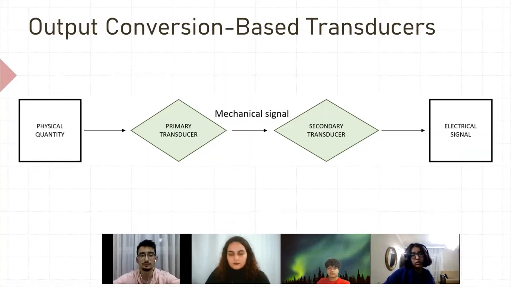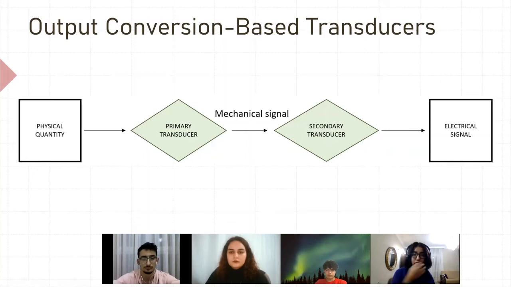Secondary transducers obtain electrical signals by transducing the mechanical response of the primary transducer. The electrical signals obtained in the output are directly proportional to the mechanical signals transferred from the primary transducer.